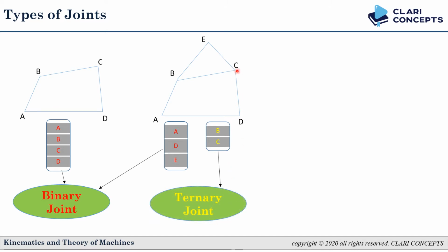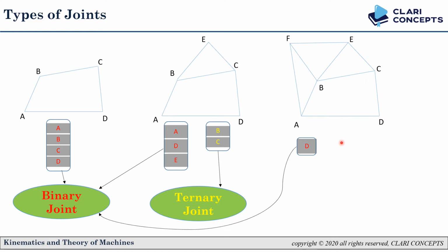Similarly, if you observe at C also there are 3 links which are connected. Now what we are going to do is add a few more links to the same chain. That means I am adding EF, BF and AF, right? So now in this chain we have to find out what types of joints there are. So first of all, at D we can see it is a binary joint.